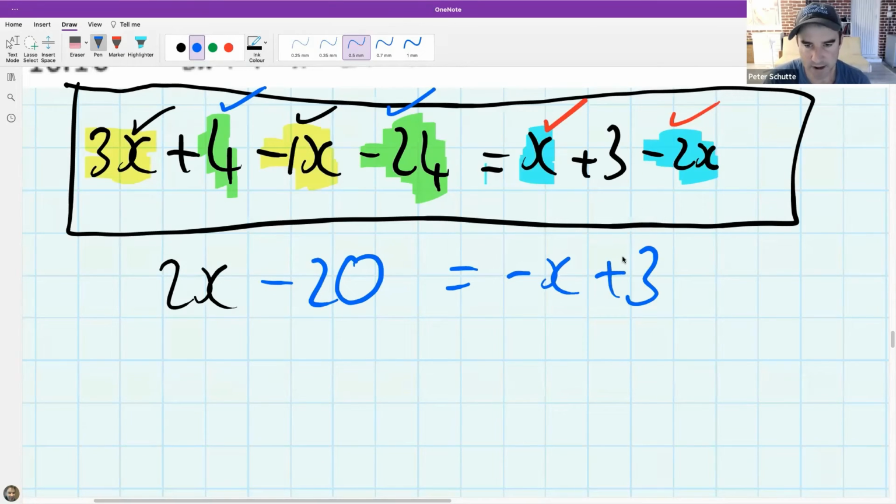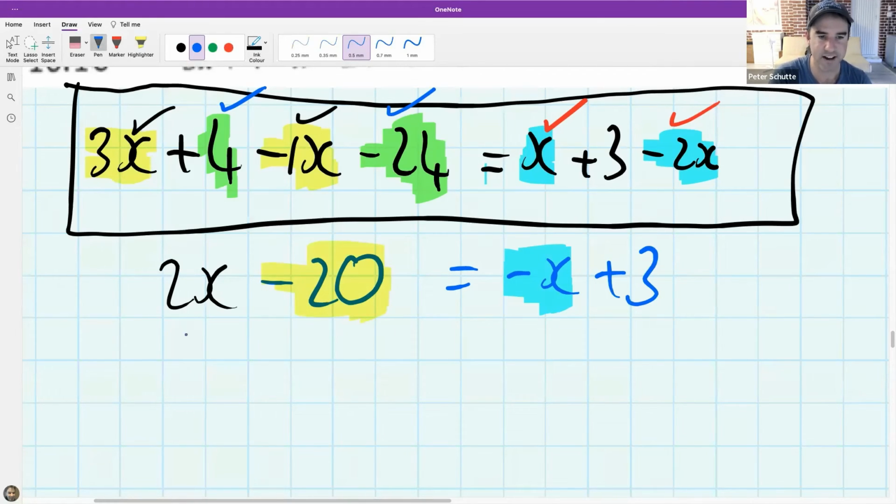Okay, so now my next step. And I think you guys do like the words moving things to the other side. So basically, you're going to have to move the minus x. But really what you're doing is you're adding x to both sides. And you also are going to have to move the minus 20. But what you're doing is you're adding 20 to both sides.